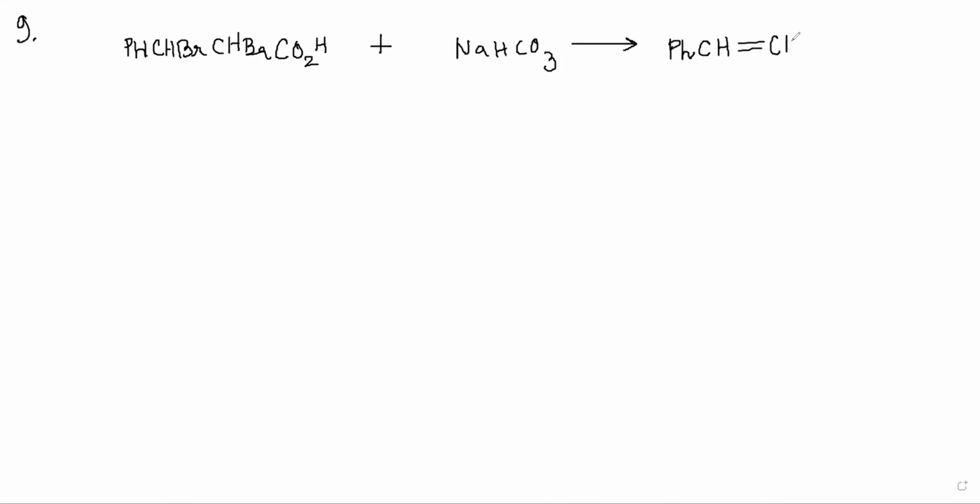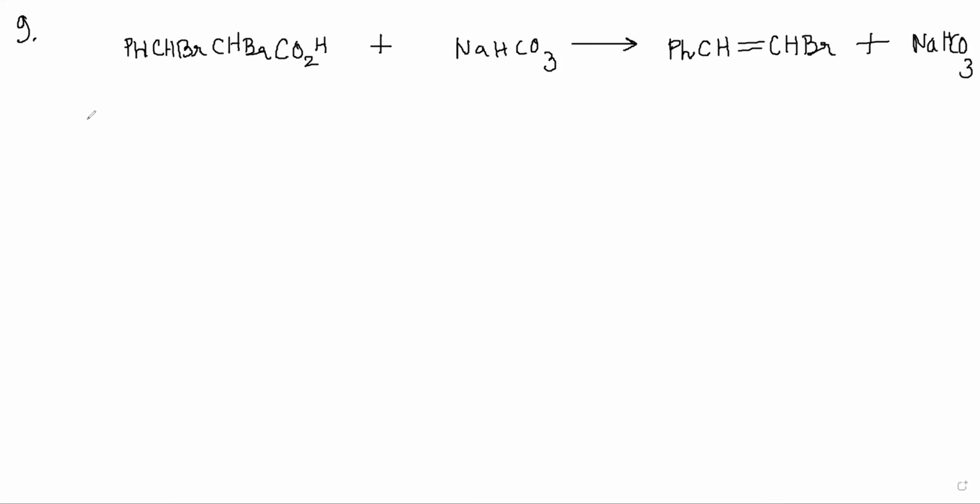The reaction is PhCHBrCHBrCO2H plus NaHCO3 gives PhCH=CHBr plus NaHCO3.